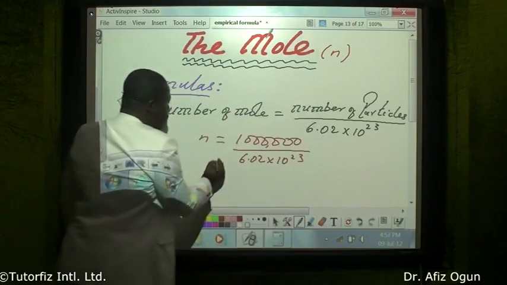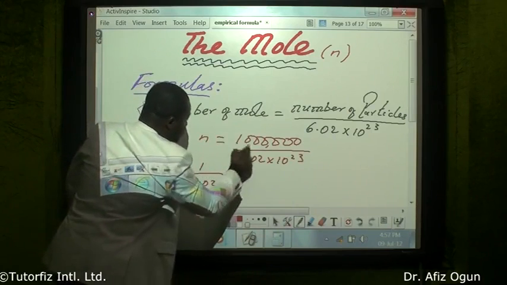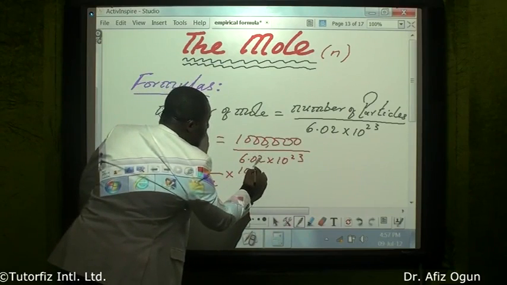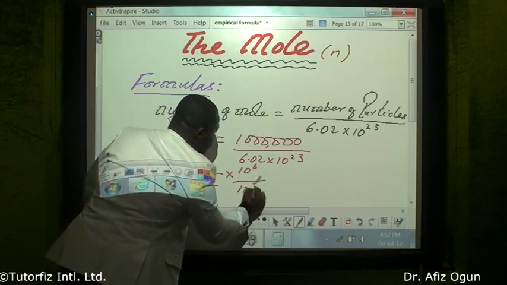Solving it my own way, I will just say 1 divided by 6.02 times 10 raised to power 6 divided by 10 raised to power 23.